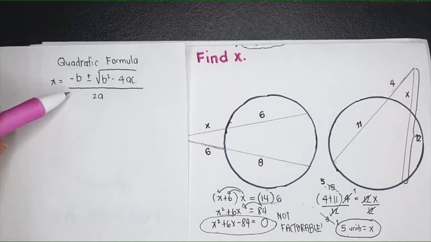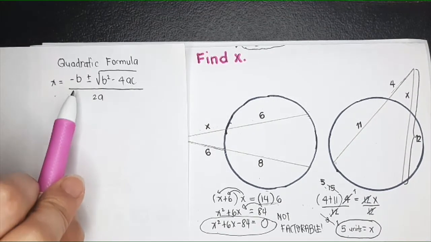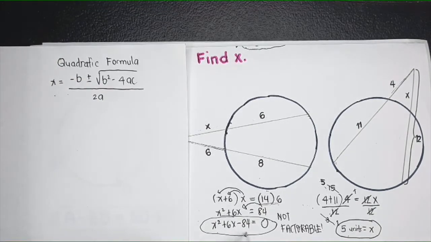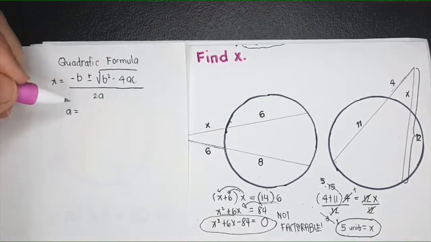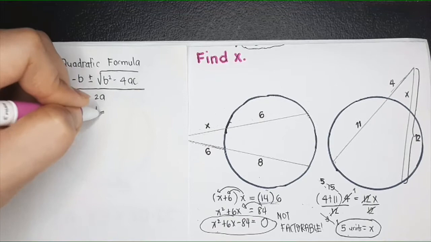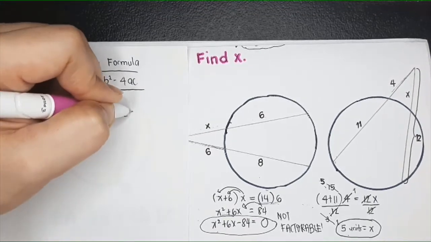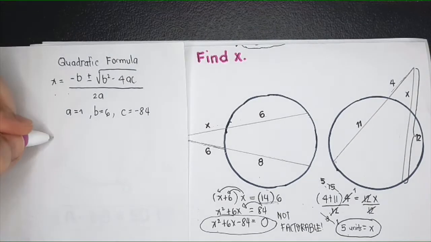Okay, so this is the quadratic formula. So, ang kailangan natin mga values ni A, B, at saka C. Dito lang natin makukuha yon, right? What is A? Sige nga. A is equal to 1. What about B? B is 6. And C is negative 84. Okay, so substitute lang natin.